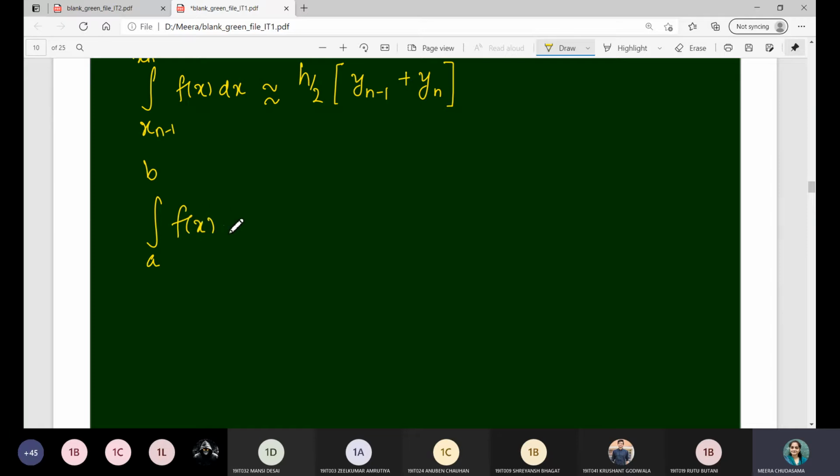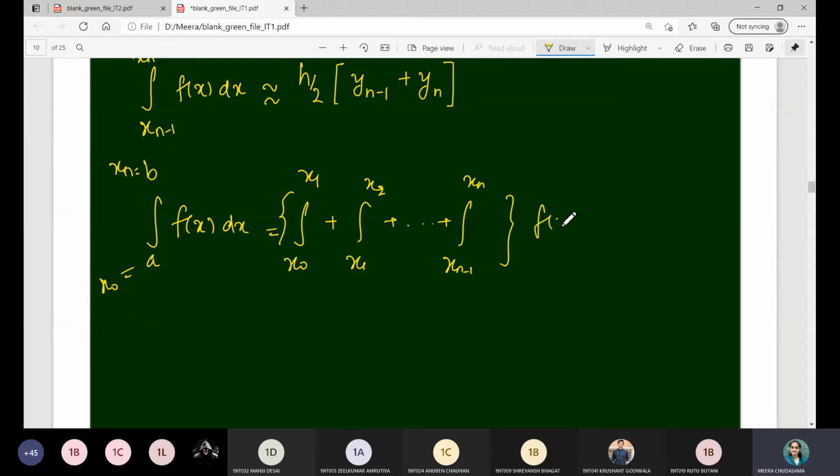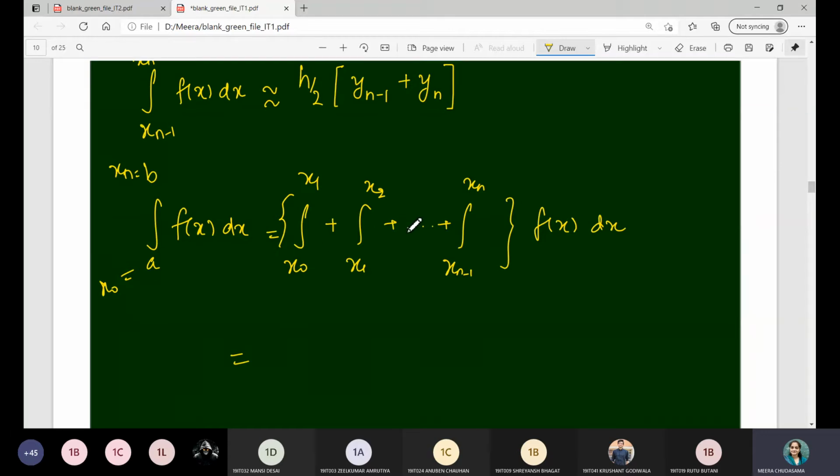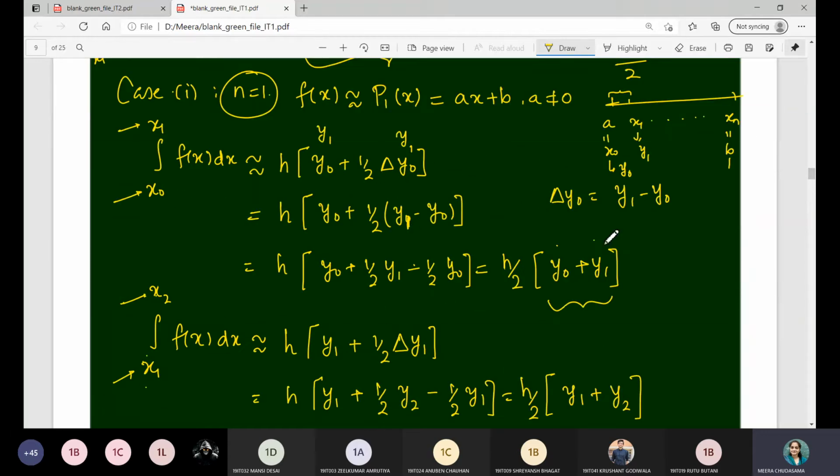That means our interval is a to b, which is nothing but x0 to xn, and we have split it as x0 to x1, plus x1 to x2, plus up to xn minus 1 to xn, f of x dx. So let us substitute these values from the derived expression from the numerical quadrature formula.